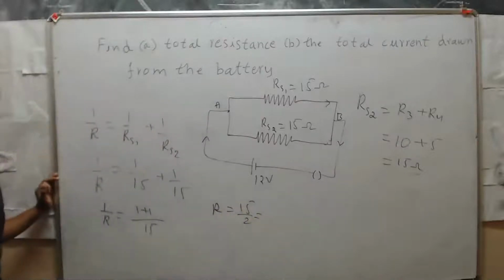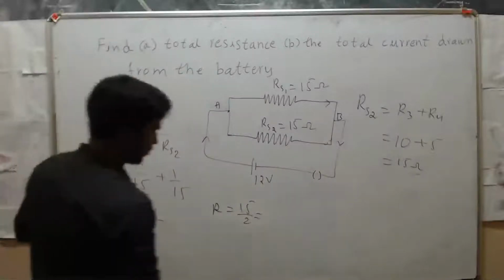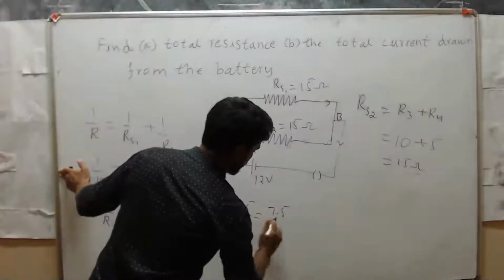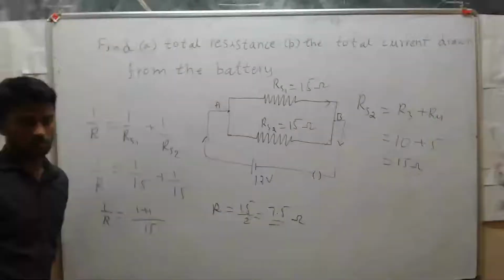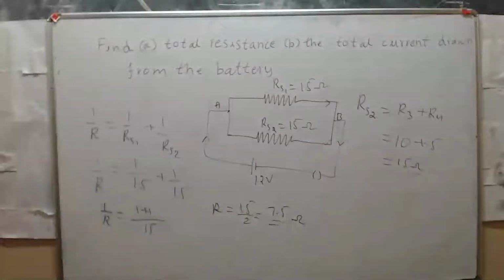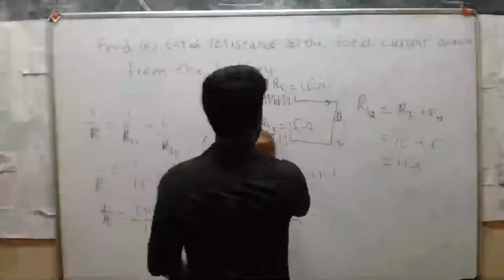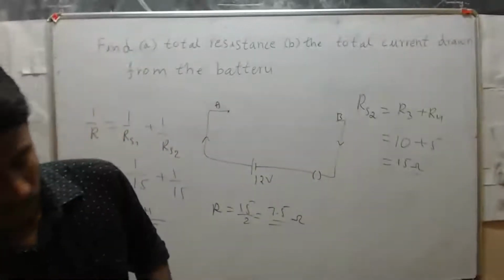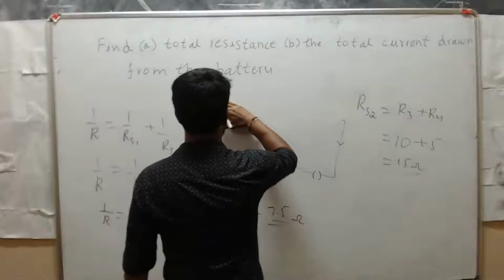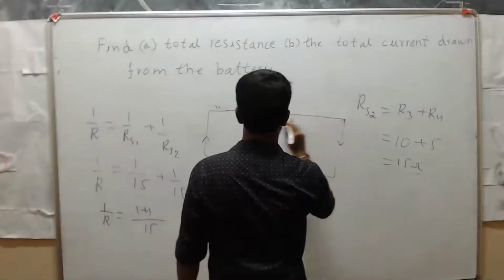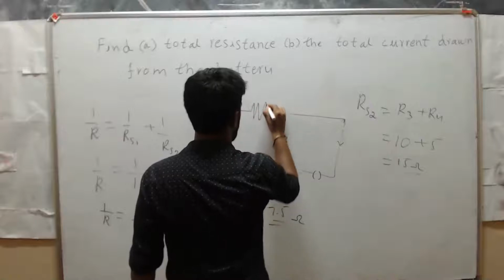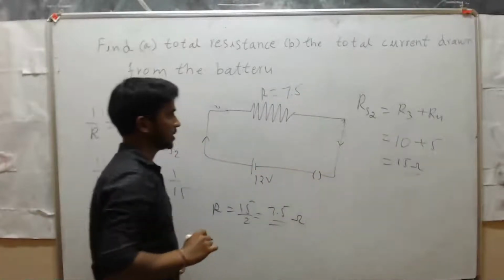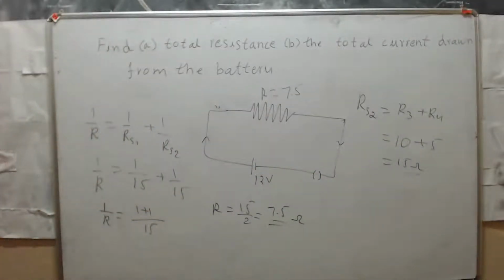So what is the answer? 7.5. Now once again you can redraw this circuit, so R is equal to 7.5.